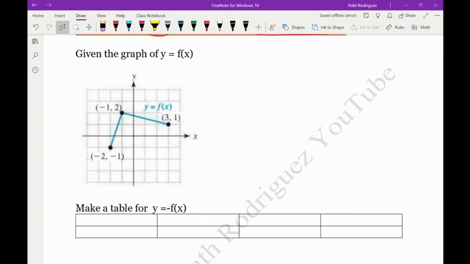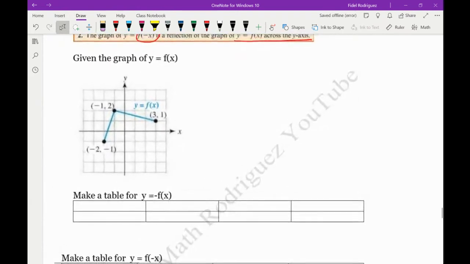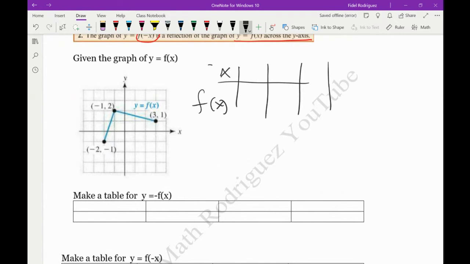So let's take a look here. It says, given the graph of y equals f of x, let's make a table for y equals f of -x. So if I was sitting where you're sitting, my first step would be, you know what, I don't have a table right now, but let me make one for the function that we already have, okay? So what do I mean by making a table?